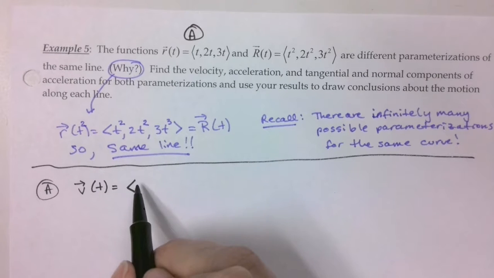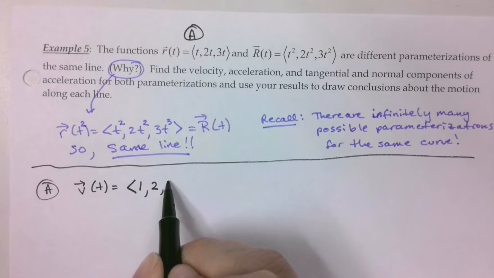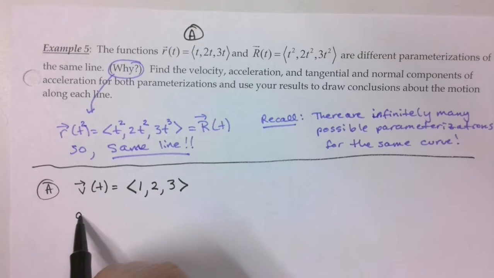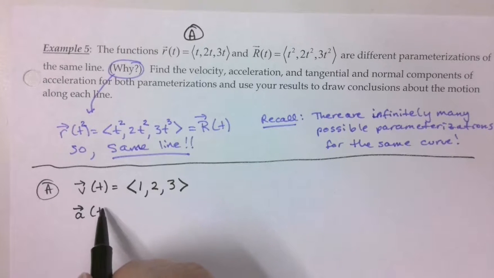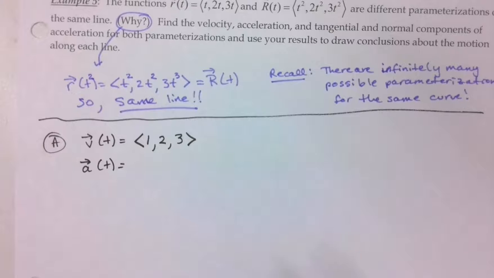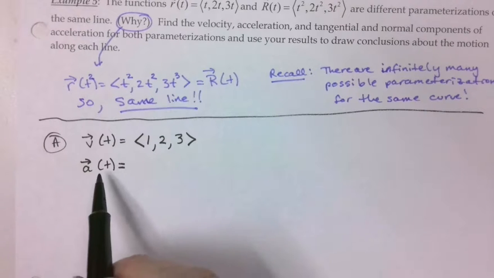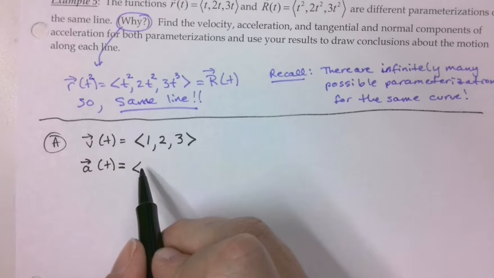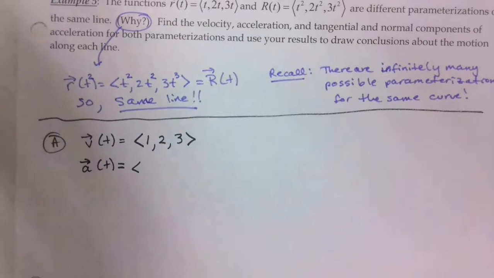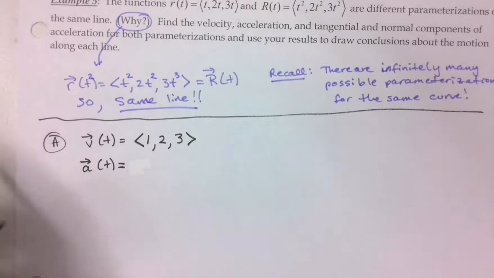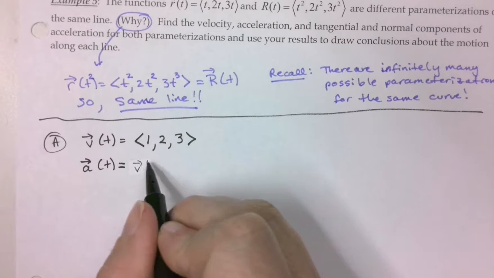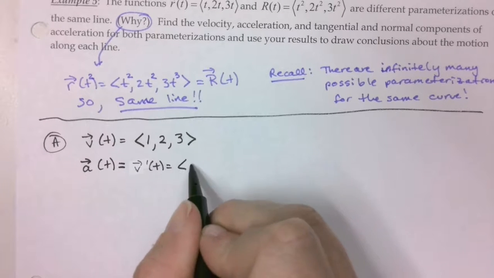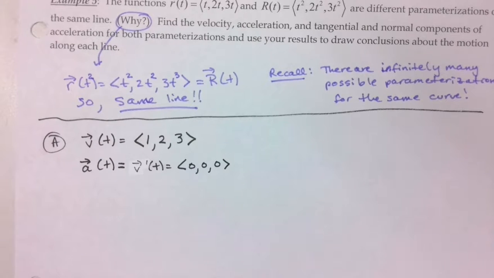Well, velocity would be 1, 2, and 3. And then I want the acceleration function, or acceleration, well, it is a function, it's a vector valued function, but the acceleration vector, which would be, well, the derivative of this, right? So it's v prime. But v prime, if you look at v, they're all constants. So their derivative is 0, 0, and 0.